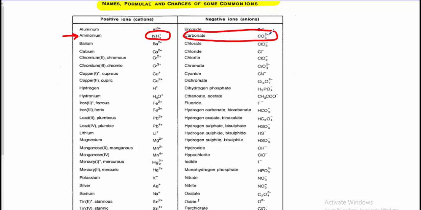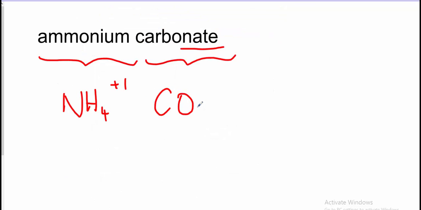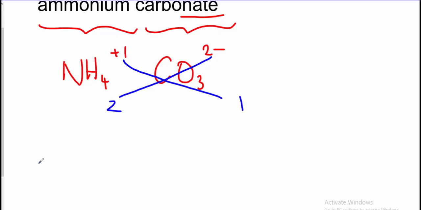So I write my charge in, and then I'm going to go ahead and bring the charges down. So I'm going to bring down the 1, I'm going to bring down the 2, and then I'm going to clean it up. So I've got NH4 needing to be in brackets. I need to put that in brackets because I've now got a 2 as a subscript, and it's important that I separate that out with a bracket so it doesn't look like I'm writing 42 hydrogen atoms.